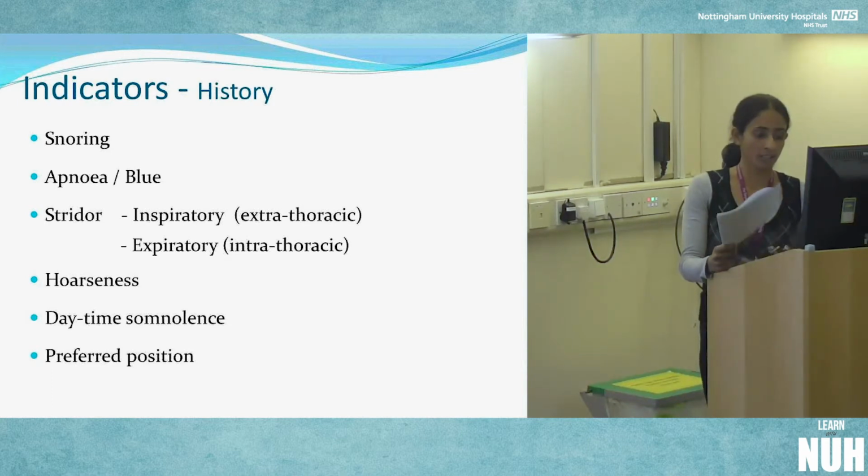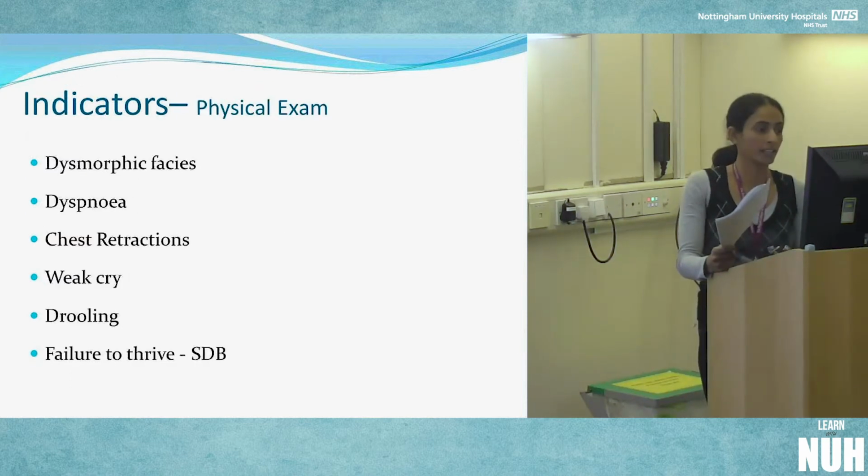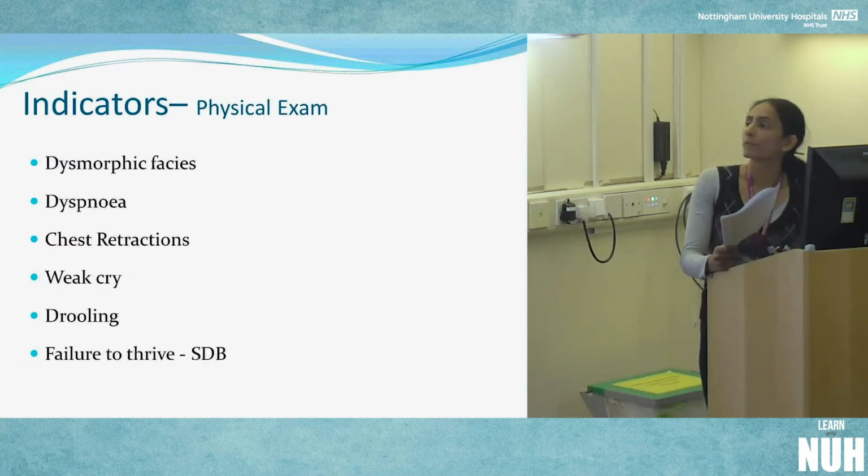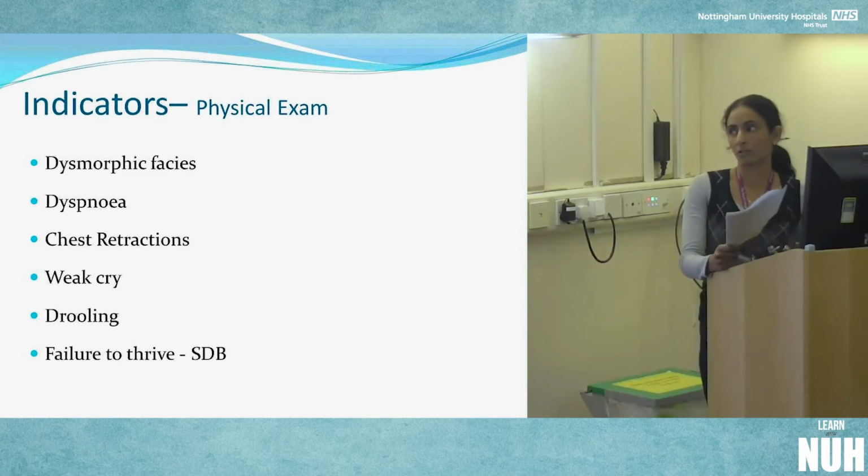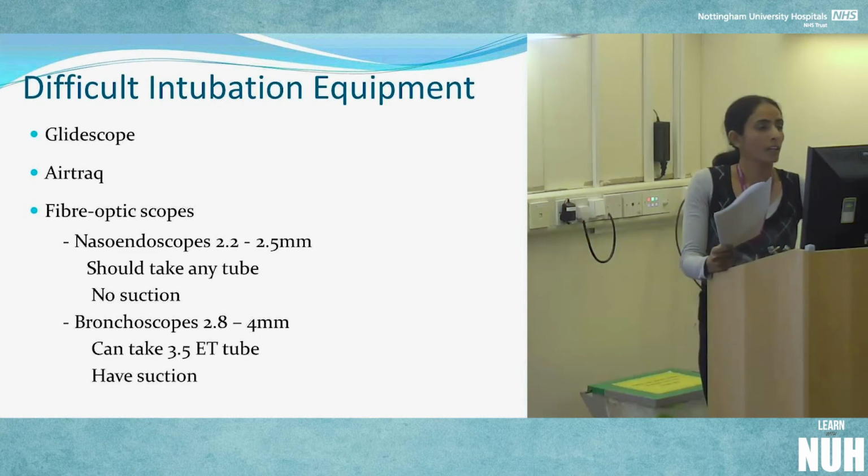Stridor, hoarseness, and if they've got a preferred position to sit or lie in. And some of the features that you can come across in physical examination, quite obvious in dysmorphic faces, and the rest of the signs as mentioned.